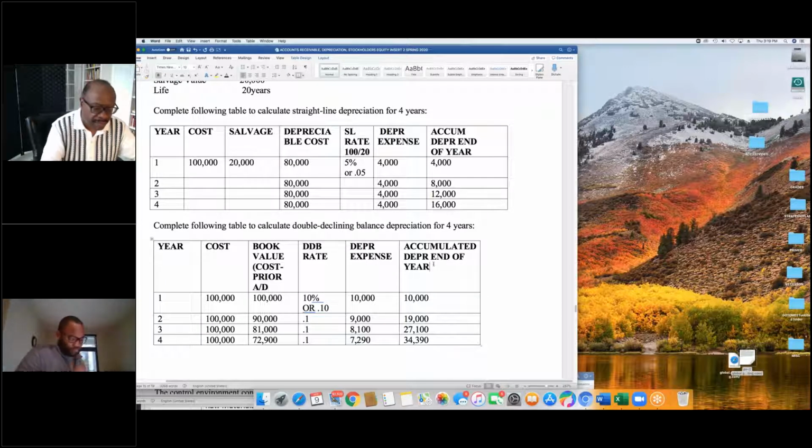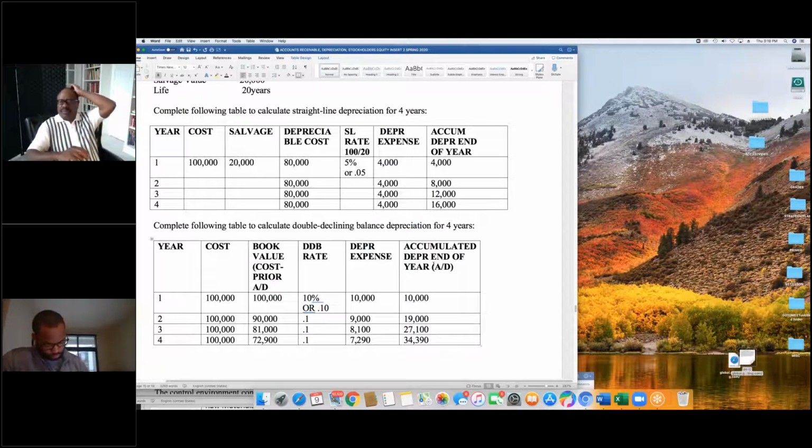A/D is this number here. So when you get to this year, the prior year is new, so this is 0. But when we get to the second year, we go up here and see what's in this account and we subtract it. Got it?